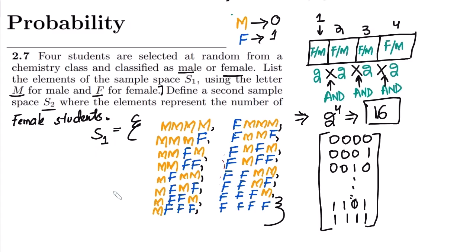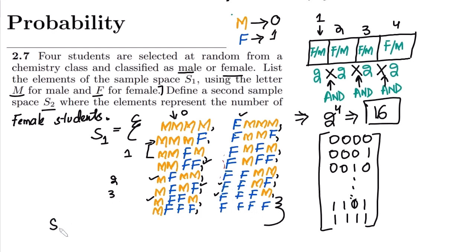This is S1. Similarly, here I can see that the number of females is 0 in these two cases, and in many cases like here I have number of females equal to 1, then here number of females equal to 2, then I also have number of females equal to 3, and here 4.